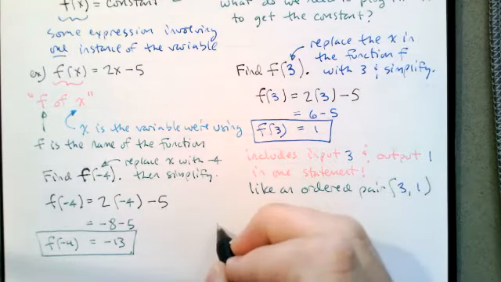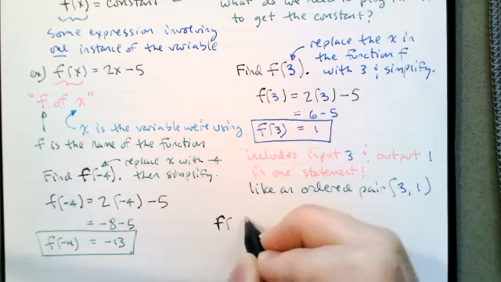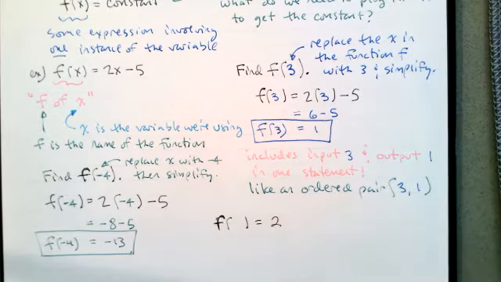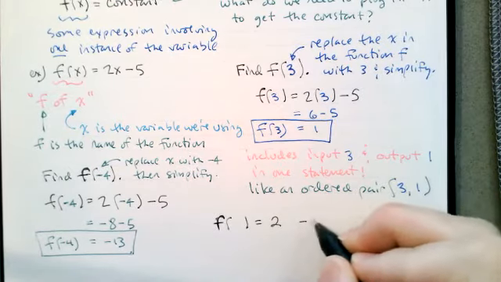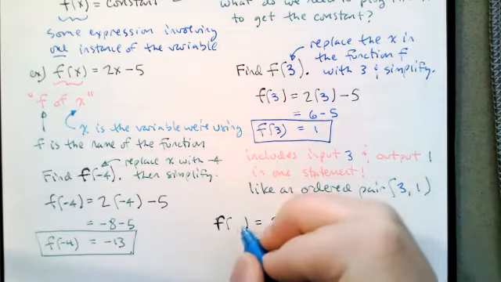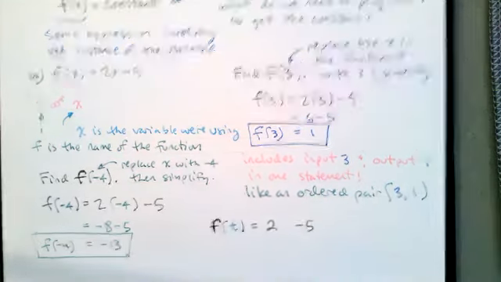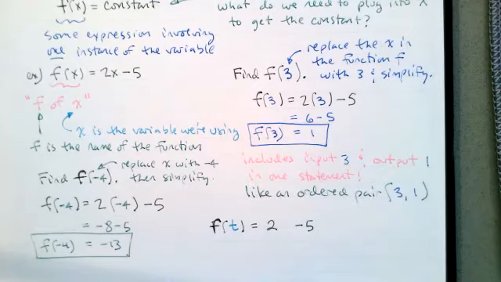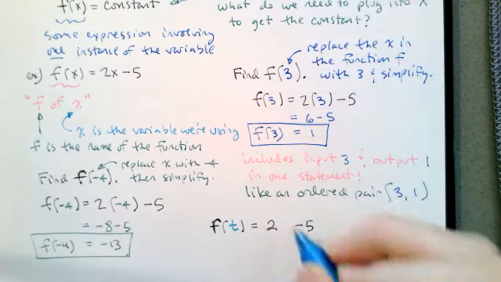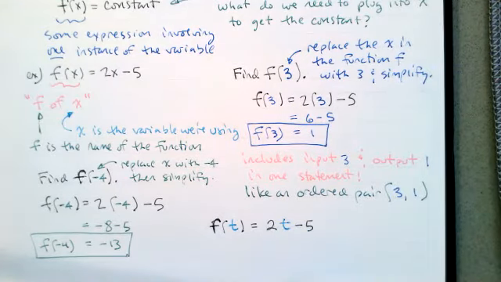So if I say replace the x with a different variable, like I need another letter, like t. If I have f of t, because I decided instead of calling my variable x, I wanted to call it t because it represents time or something like that, then instead of the x, I just write t. So f of t is 2t minus 5.